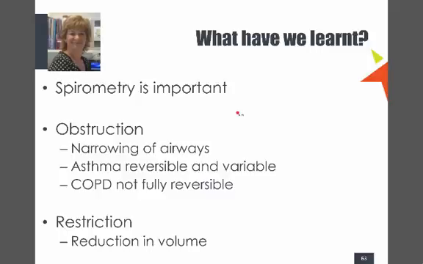Okay, so spirometry is important, and it does give you an insight into what's going on in someone's lungs. You can use it to show people. Some people will come in and tell you that Ventolin is doing nothing for them. Well, if it's asthma and it is reversing their airways, then you can tell them that they are not properly controlled.